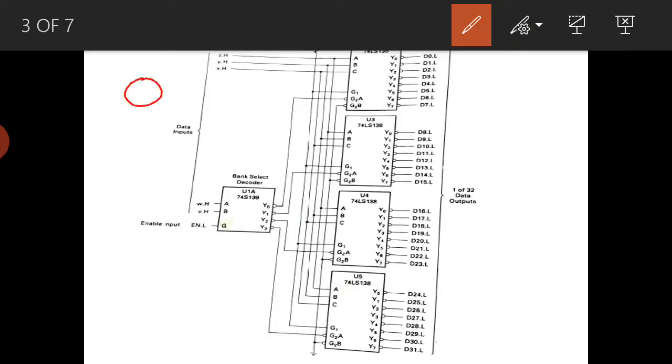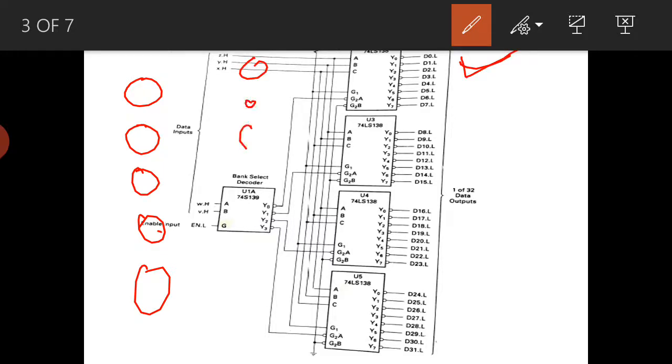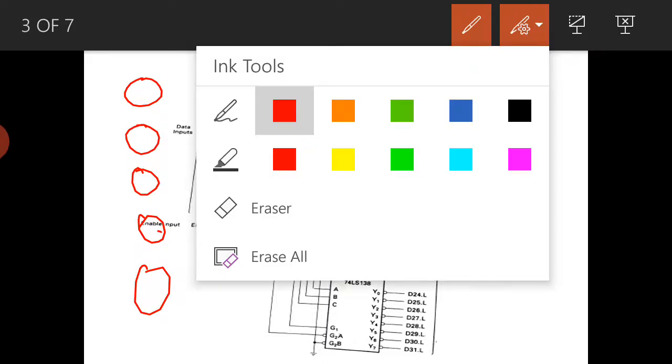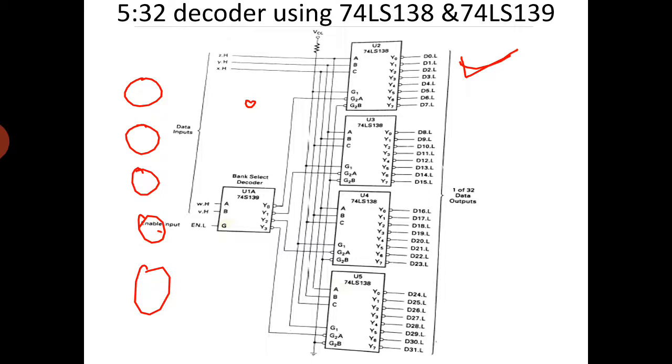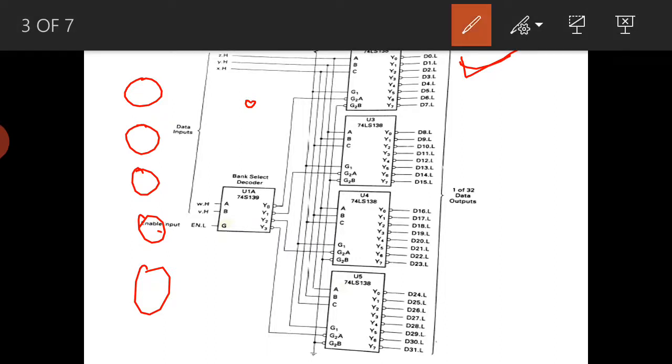Now what will happen here? If we have 5 inputs 0 0 0 0 0, the first output D0 should be active. How will it happen? 3 bits are connected to ABC and 2 bits are connected here.